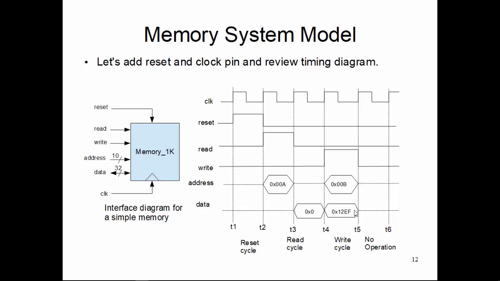So what will happen during this cycle between T4 and T5? Memory will write this value into this index, into the table of rows.